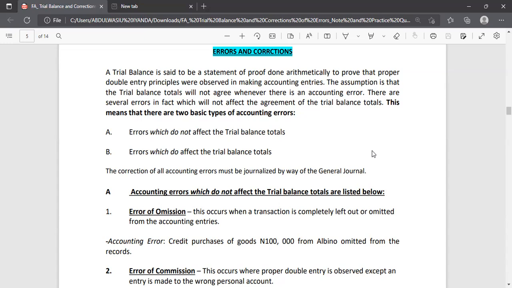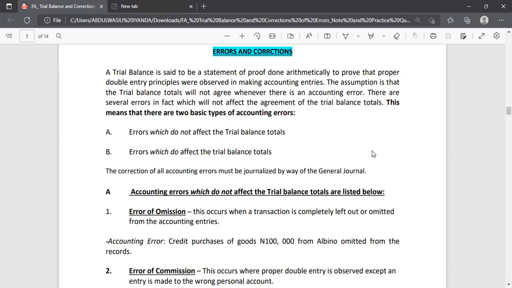Now, we are going to focus more on the situation whereby the trial balance does not agree, meaning that we are having differences. What you have on the debit side of the trial balance is not the same as what you have on the credit side.